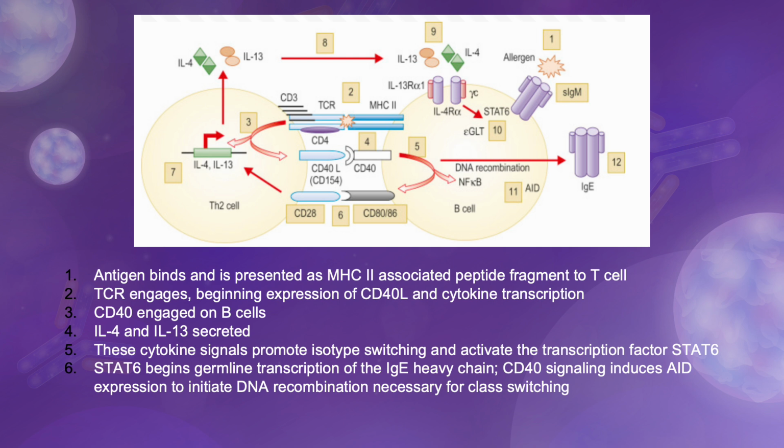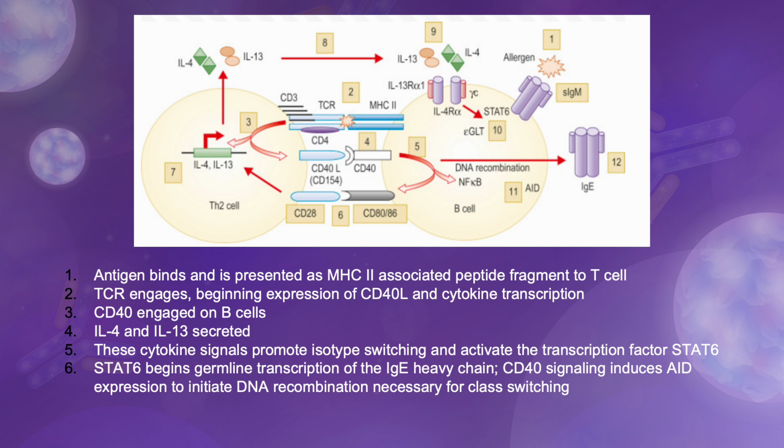You're going to have all of these co-stimulatory signals, and then some cytokines are going to be produced. Those cytokines, like IL-4 and IL-13, are going to promote isotype switching and activate transcription factors such as STAT6, and STAT6 is going to begin the transcription of the IgE heavy chain.